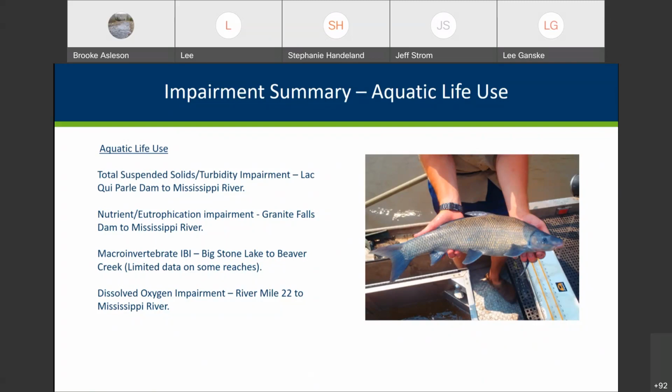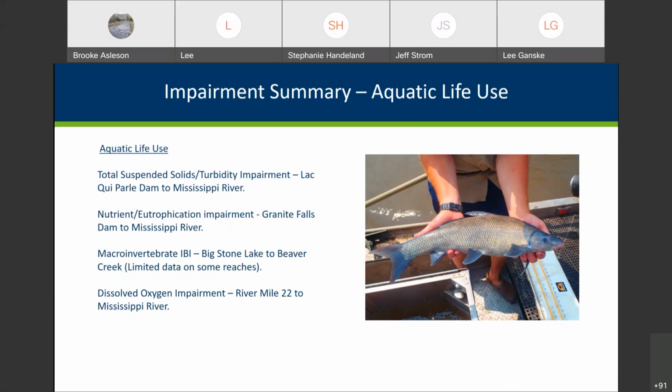So to kind of start, from the lens I've been looking at things, because my unit and the water quality monitoring section in general, a bulk of their work revolves around condition assessments. So assessing a lake or a river or a stream for its ability to support aquatic life, aquatic recreation, aquatic consumption, drinking water, different use classes such as that. So for this one, we're looking at the aquatic life use in the Minnesota River.